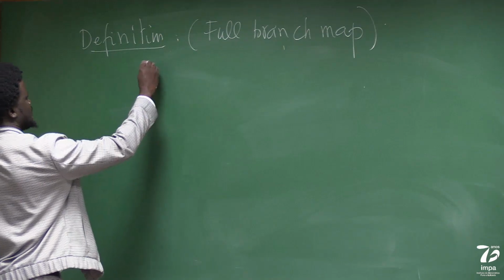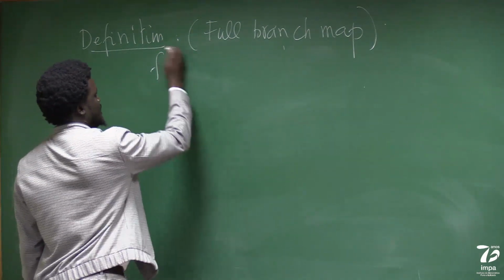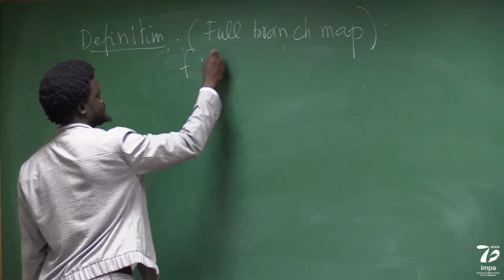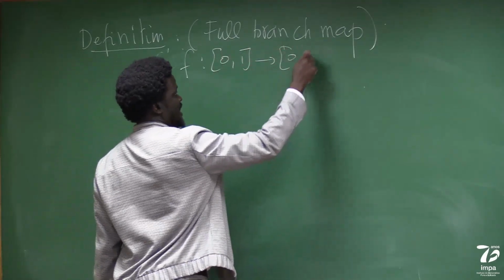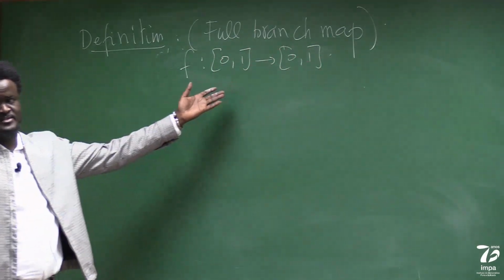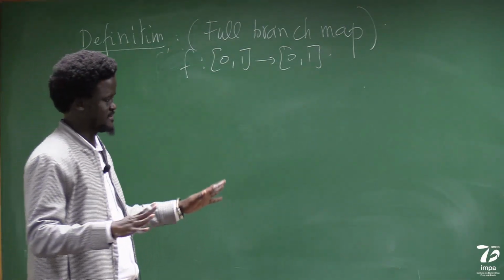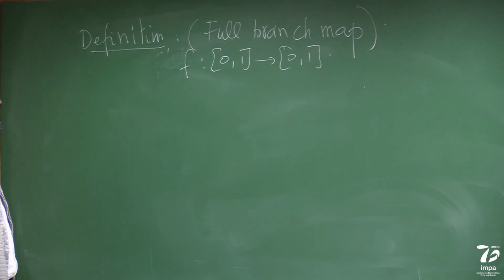So definition. We have f from 0, 1 to 0, 1. It can be any interval, okay? I do it for one dimension. There is also a general version for higher dimensions, but that uses something that we don't do in this course.